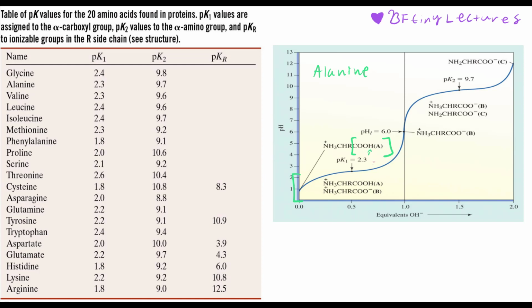And we start titrating. We start adding some bases and bases and bases. And eventually the pH gradually increases. It gradually increases, okay? So now you get to a point where you still have the H for the amine, but you no longer have the proton for the carboxyl group, okay?